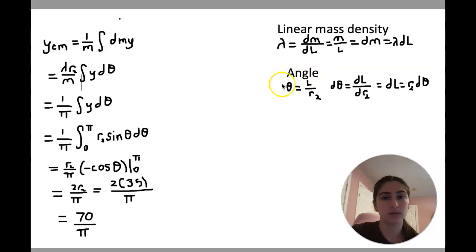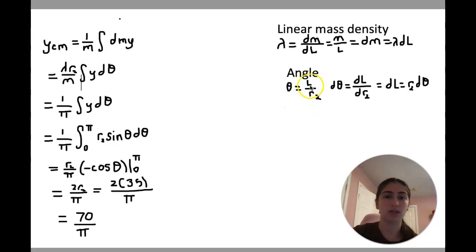Next, we have our angle. Angle equals L over R2. Now, what is R2? For the center of mass that we are finding for R1, we have an inner radius and an outer radius. The inner radius represents little r1 and our outer radius represents little r2. We want to use that outer radius.